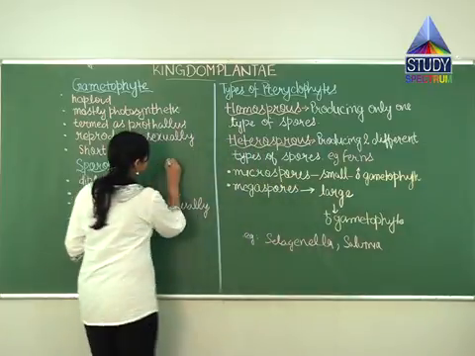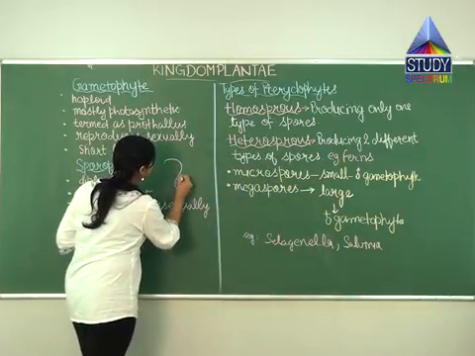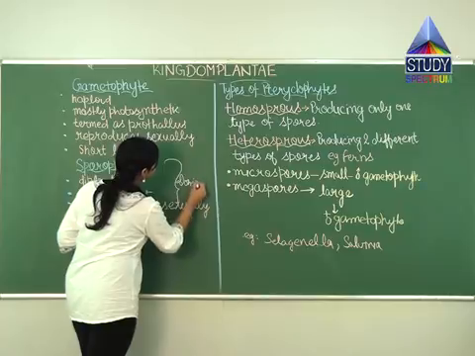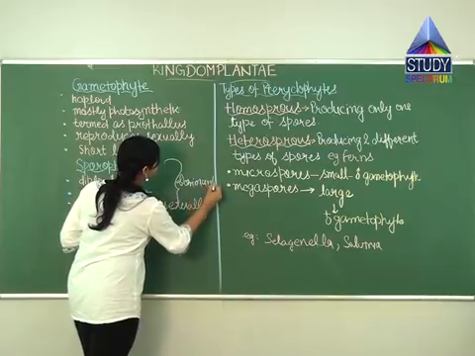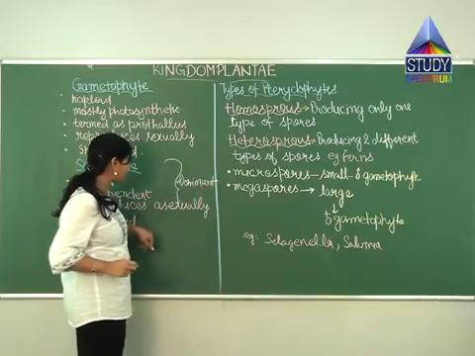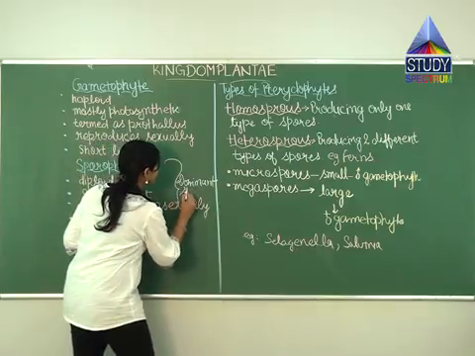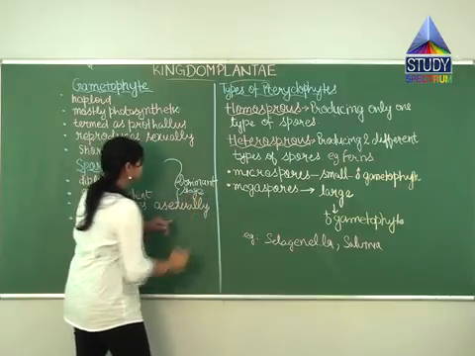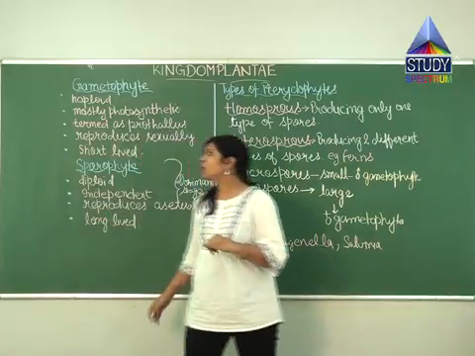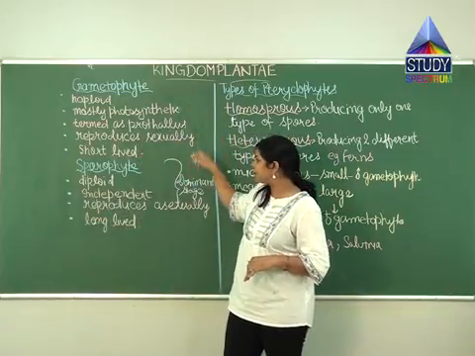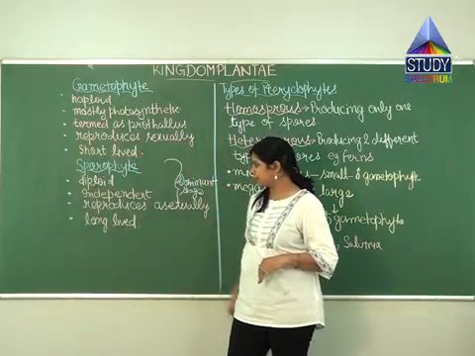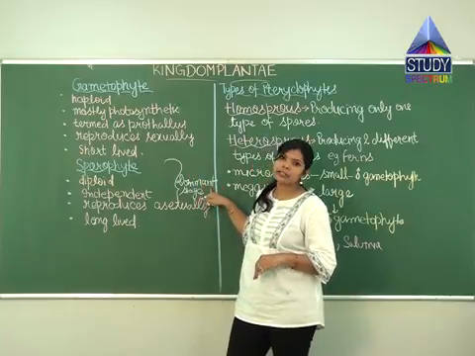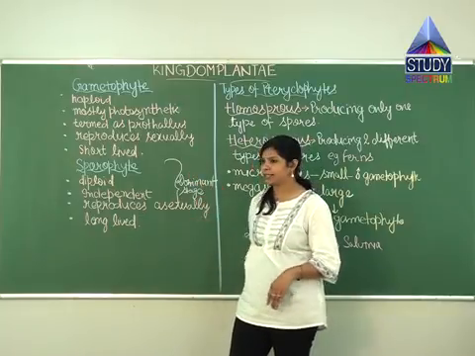That's why this is called the dominant stage. Why is this a dominant stage? Because it is a dominant, long-lived stage. So it is all about what the gametophyte and the sporophyte are. Here the sporophyte will be the dominant stage in pteridophytes.